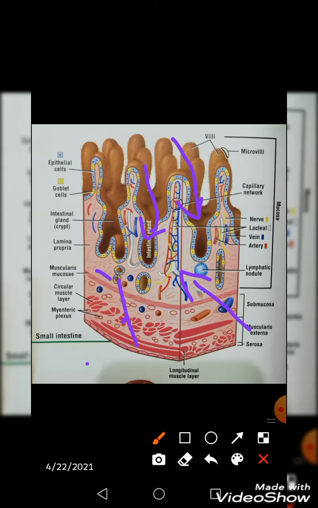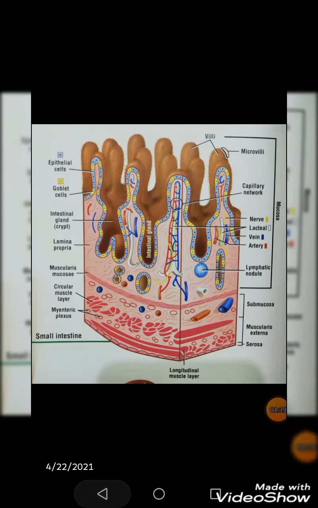Where these lymphocytes accumulate, they form lymphatic nodules or lymphoid follicles, and in some places like the ileum they become so big that they form Peyer's patches, extending from the mucosa into the submucosa. We will discuss them in detail later on.